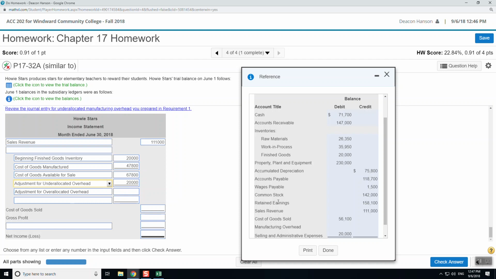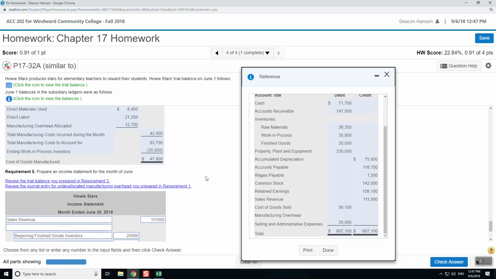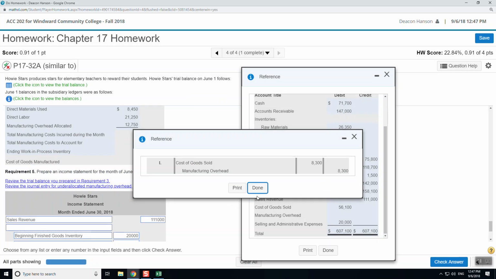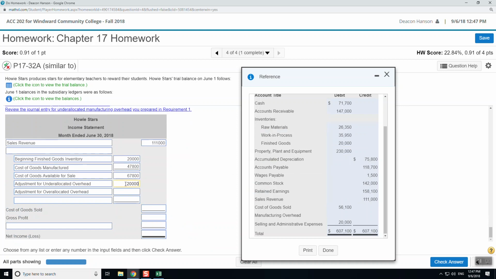I'll put it here, okay. Where is my adjustment? It was back up in a journal entry, right? Yeah, that's why they give it to you here. 8,300, okay. $8,300.